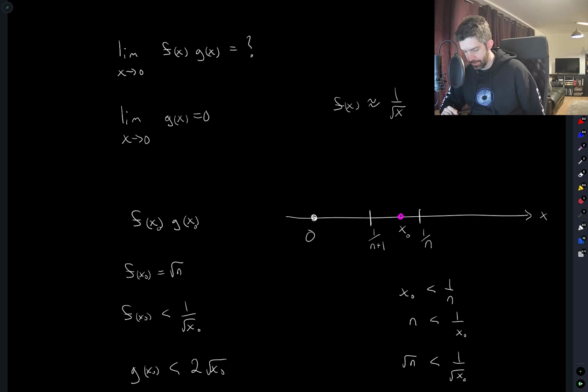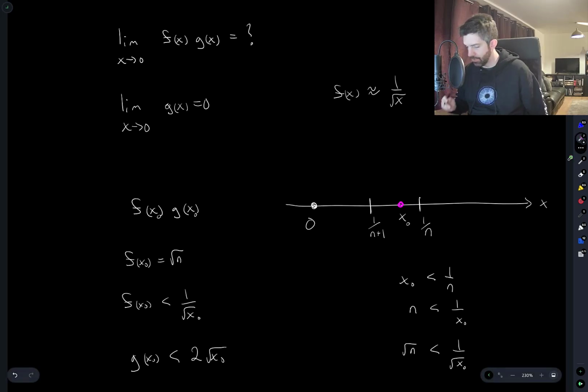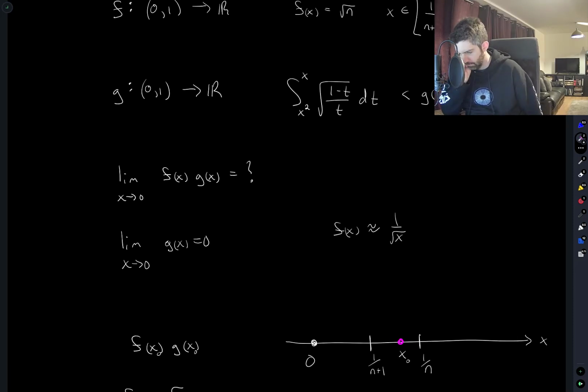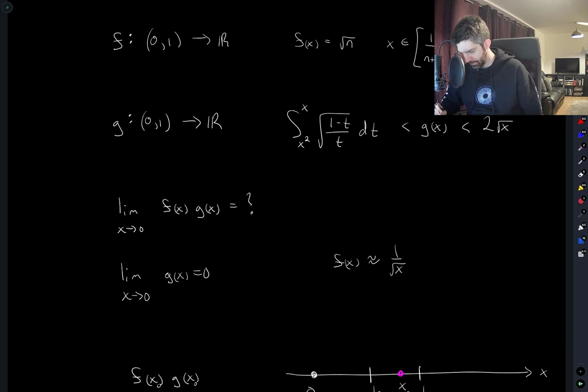Another thing I'm thinking about here, I'm kind of tempted to take a derivative, but this inequality for g will not be preserved by a derivative. So it's probably going to be a whole sequence of inequalities that we'll need to apply here.